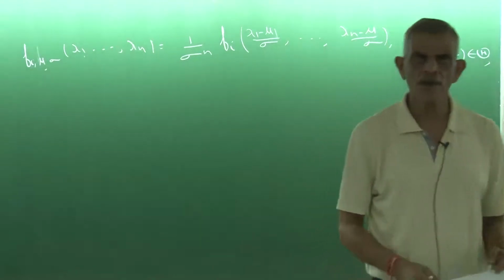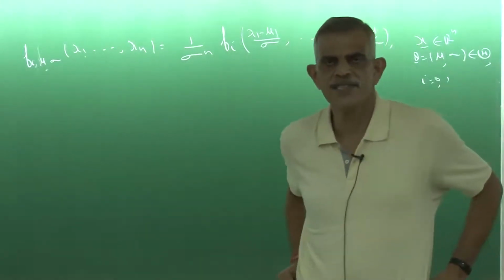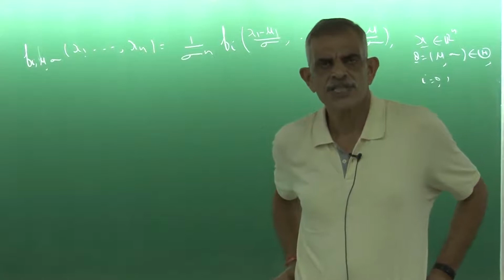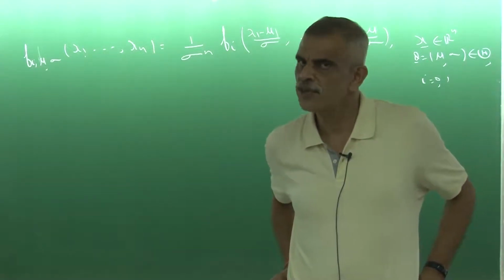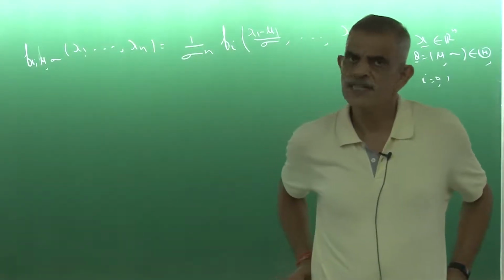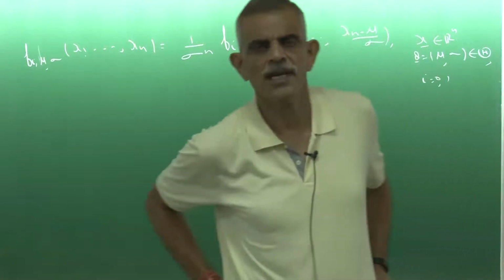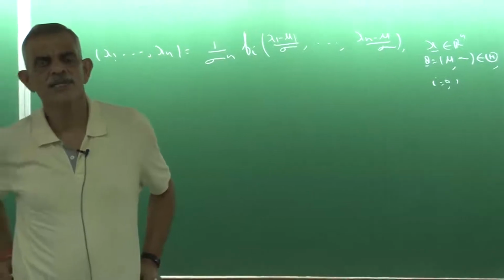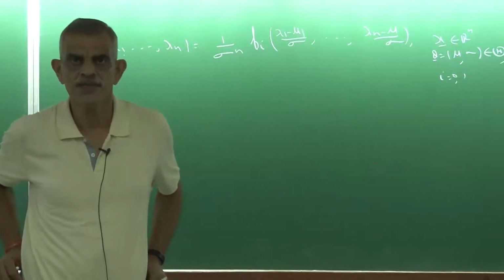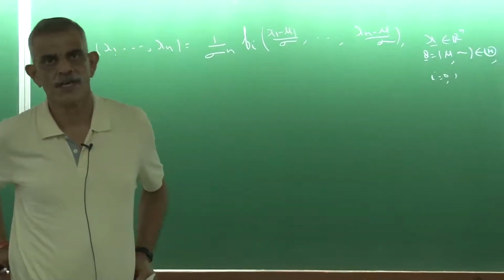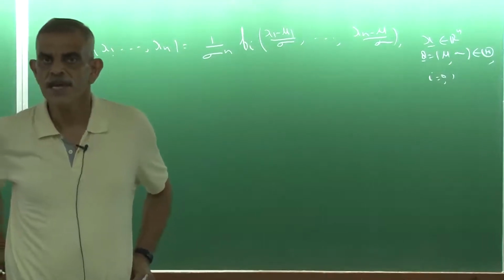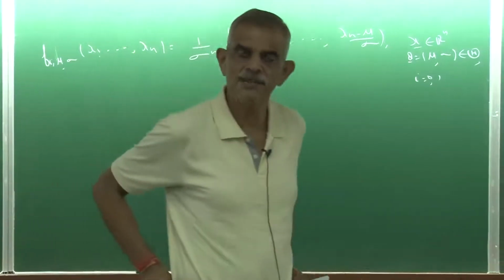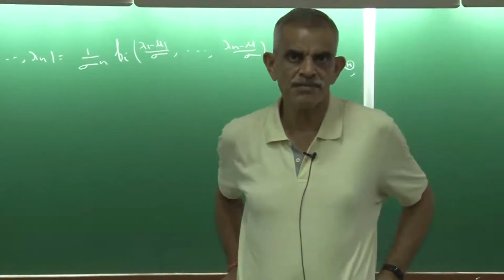So this could be a problem of the following type. Suppose you are interested in testing that your sample is coming from a normal distribution with unknown mean mu and unknown variance sigma square. That could be your null hypothesis. Your alternative hypothesis could be that your sample is coming from an exponential distribution with location parameter, or the guarantee time, as mu and the hazard rate, or the scale parameter, as sigma.